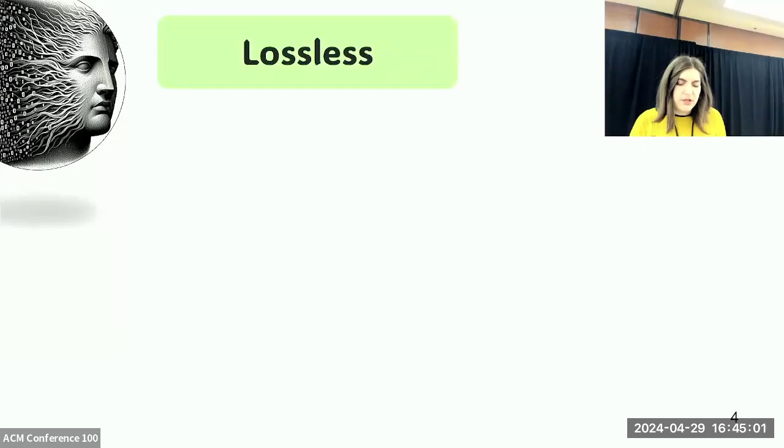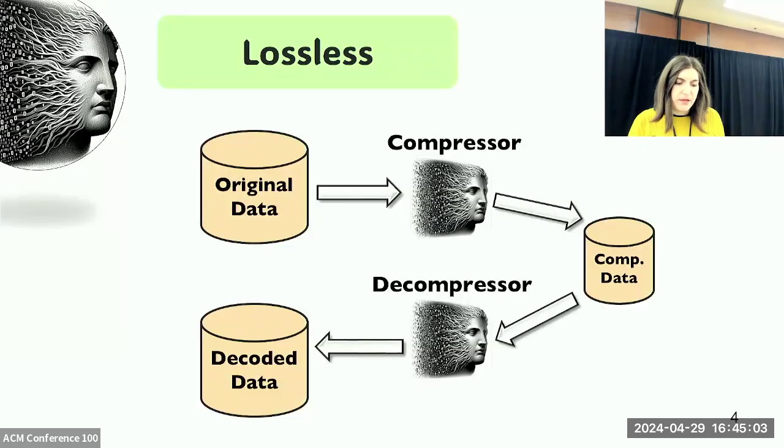Atalanta is lossless, which means that the data you put in is exactly the data that you get after the compression and decompression process. And this guarantees that the performance of your task remains untouched, like the accuracy in the classification task.